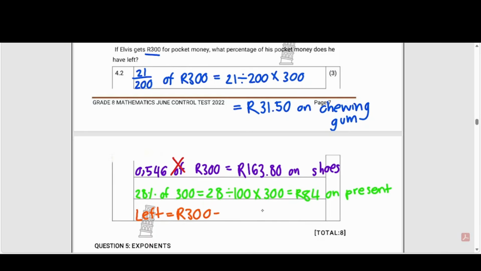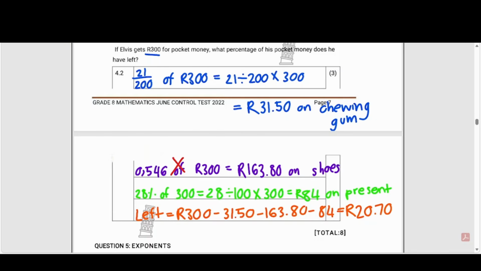Then we're going to take away the money for chewing gum, take away the shoes money, take away the present money, to get how much he had left. So that is 300, take away 31 Rand 50, take away 163 Rand 80, take away 84. He's left with 20 Rand and 70 cents.